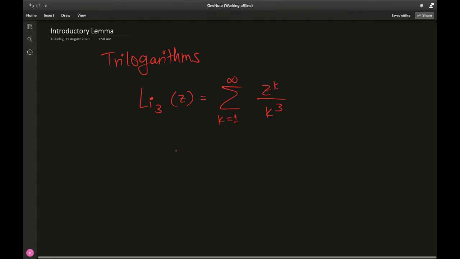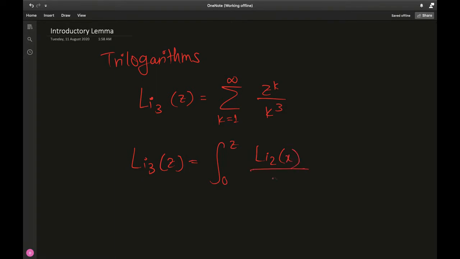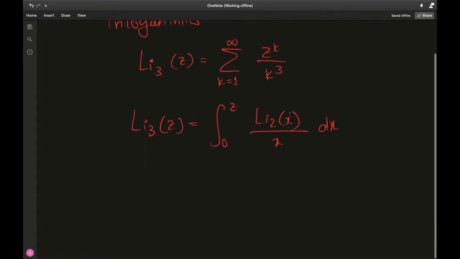In all the proofs we're concerned with, we're going to use the integral representation of these: the integral from 0 to z, to the argument basically, of the dilogarithm of some variable x divided by the same variable x, dx. Proving that this is equal to this is quite simple.